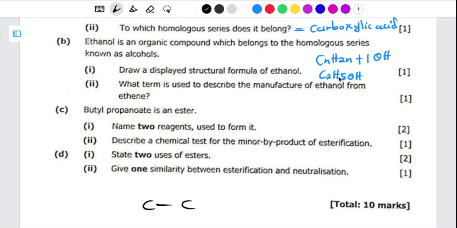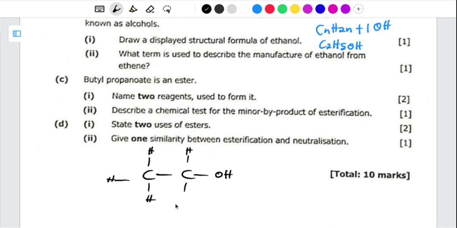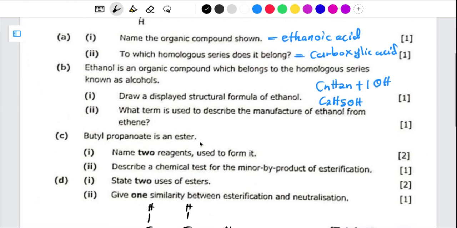And then we have 5 hydrogens: 1, 2, 3, 4, 5. And this one is going to be the functional group. So you write it like this, and this is going to be our final answer for ethanol. This is ethanol, the displayed structure.